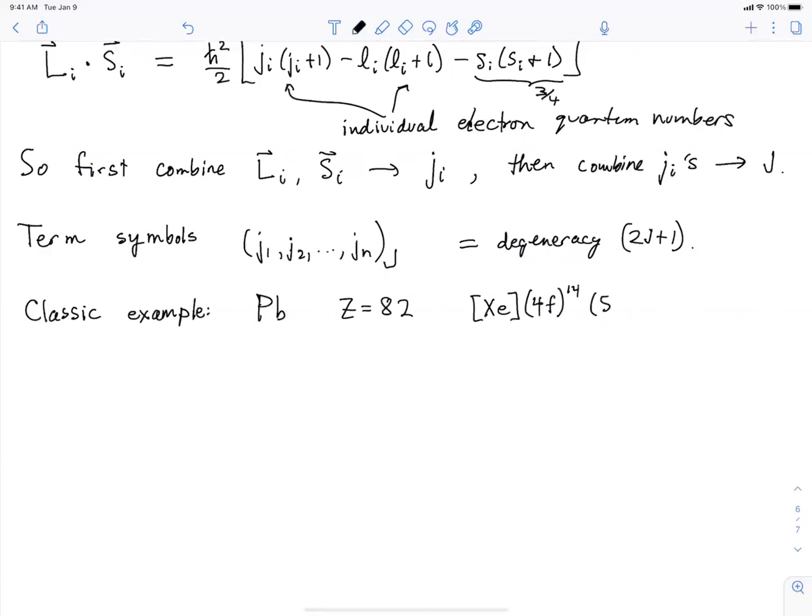The next thing is 5d, and you can fit 10 in there. Then the next thing is 6s, and you can fit 2 in there. And then what's left over is the 6p with 2 electrons in it. So that's the incomplete shell.